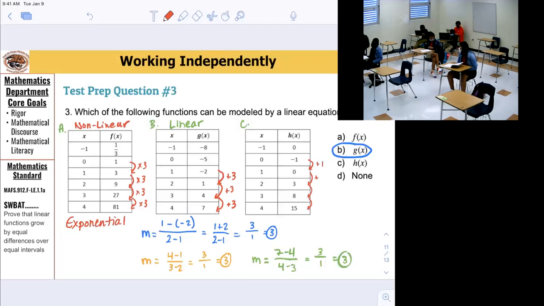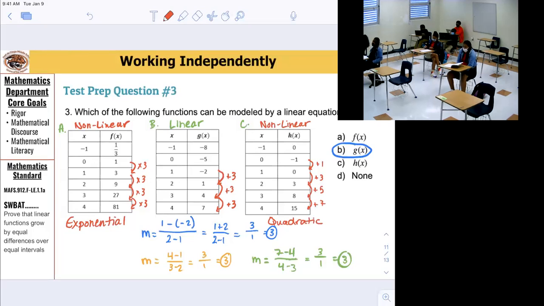Then it's plus 5, and then this one's plus 7. The patterns all add odd numbers. Does anyone remember what this one is called? Quadratic.